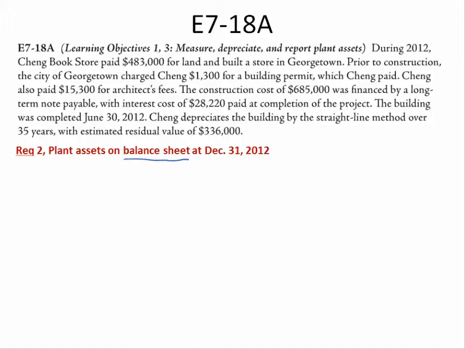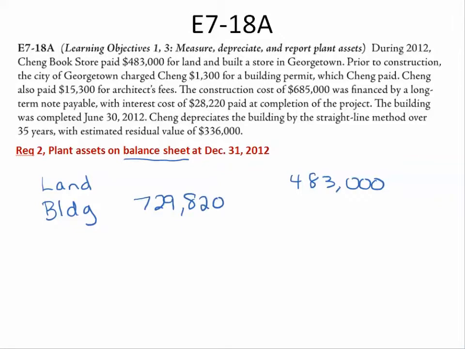We're going to have a plant asset section, and we're going to have land. Land is typically first. Land is $483,000, because that's what we paid for the land. Then we have building. The building cost we had is $729,820, from entry B.